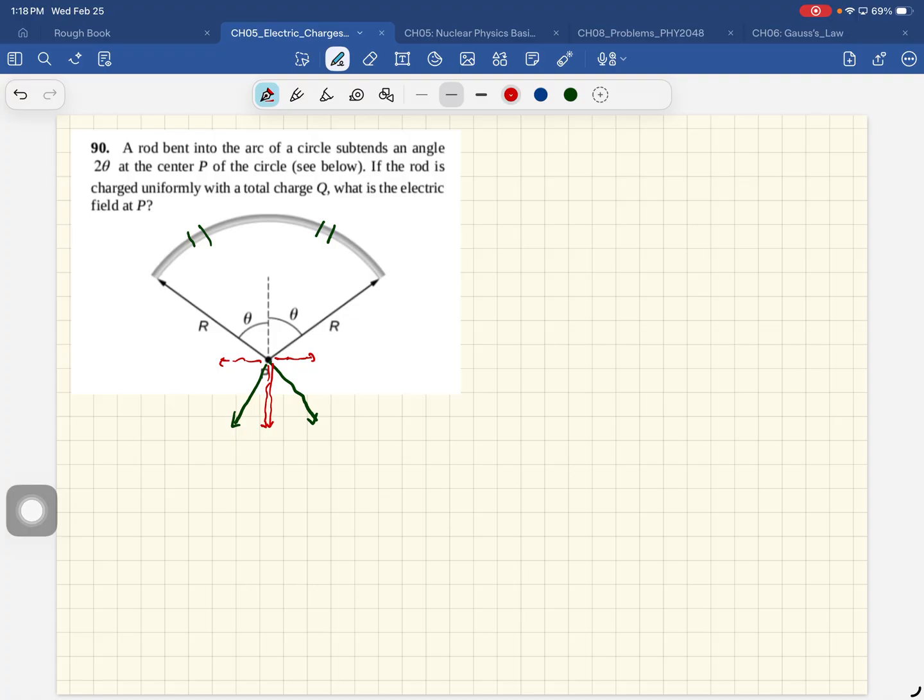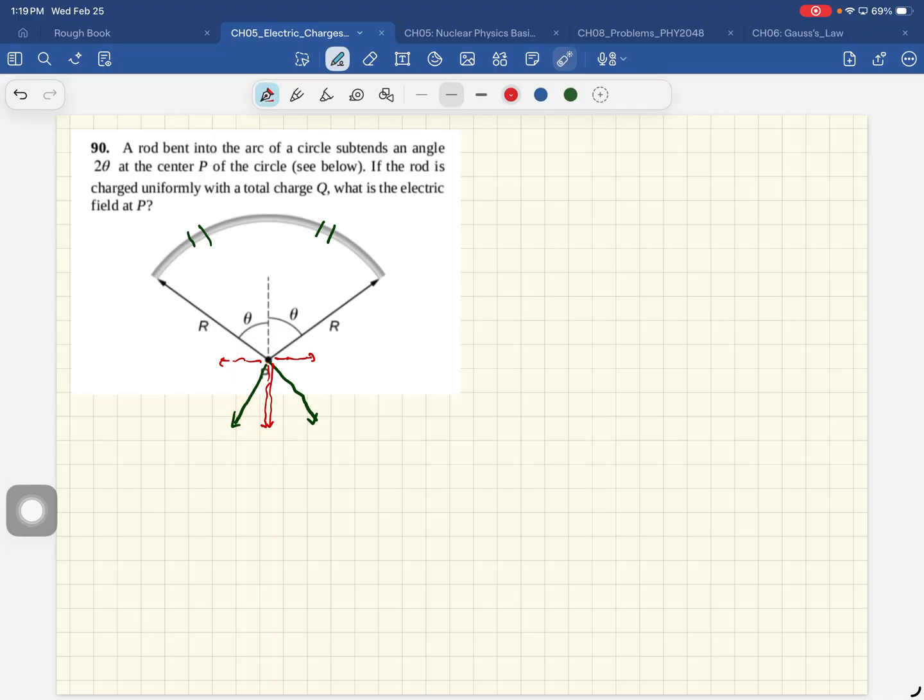So that's this field, and that's at an angle. We'll call this angle phi. What we want is just this component, so cosine phi.